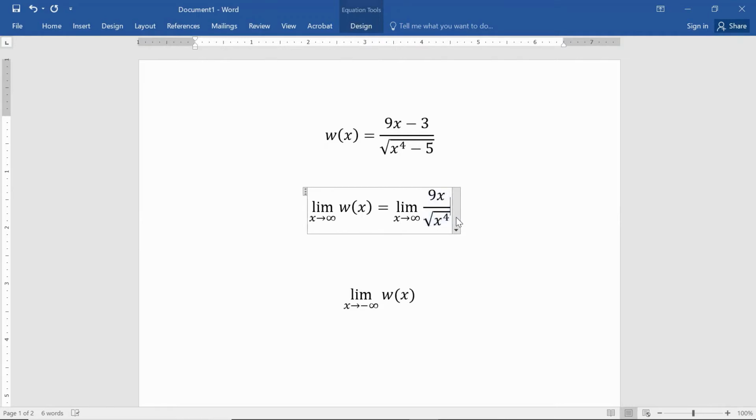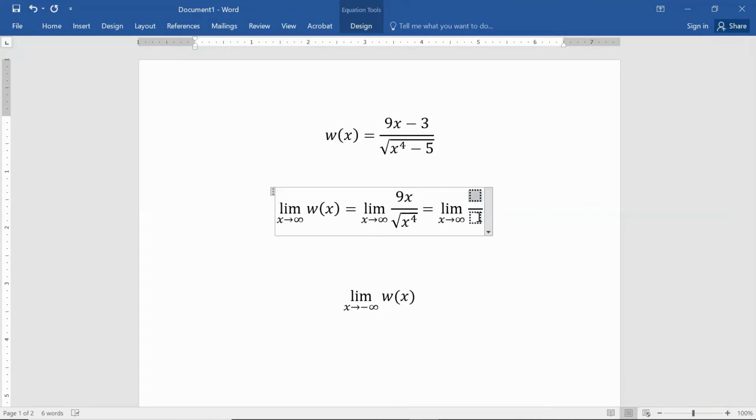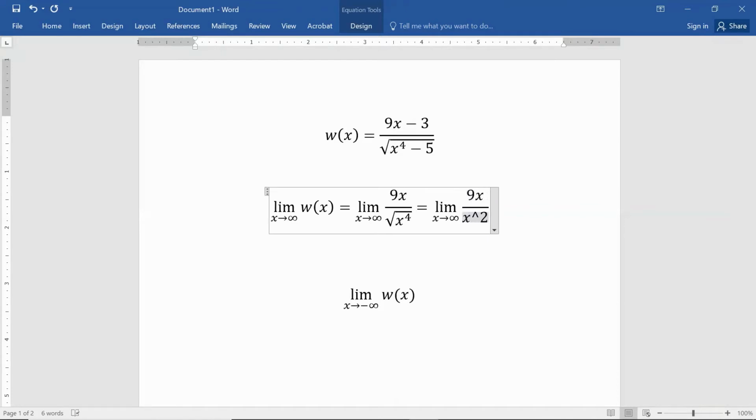Now, that function, 9x over the square root of x to the 4th, well, the square root of x to the 4th is just like x squared, right? This is the positive square root of x to the 4th. So as you plug in values, you get that. And notice what we have.